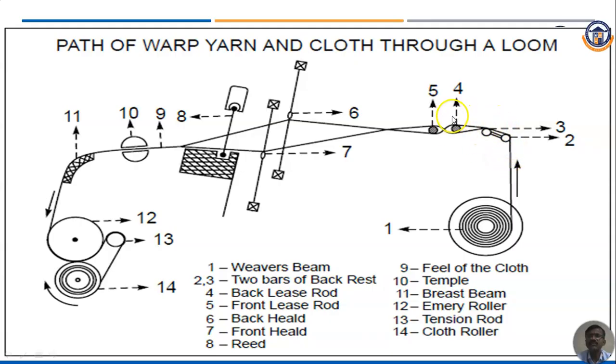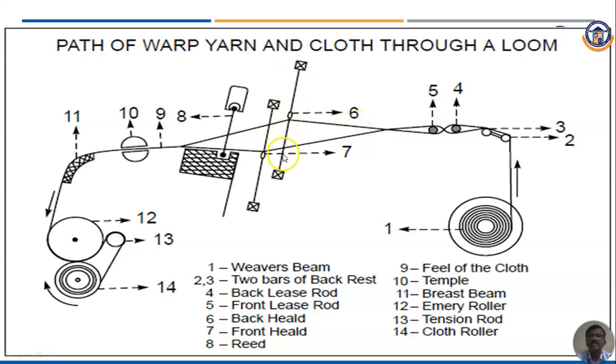Next, 4 and 5 are lease rods to divide the warp threads into two layers. Here the warp threads are normally dense, so these lease rods are used to divide the warp threads.